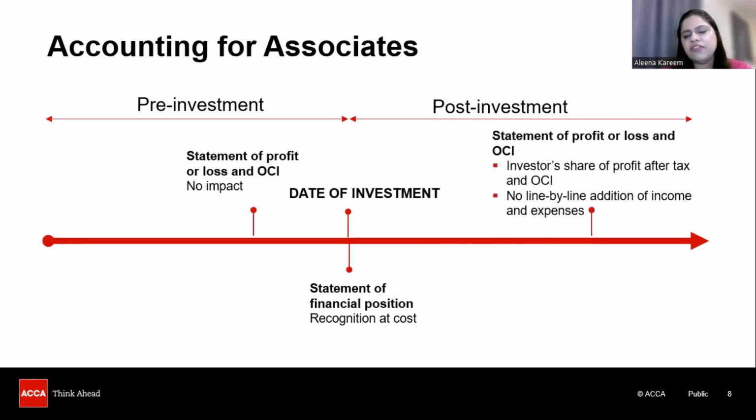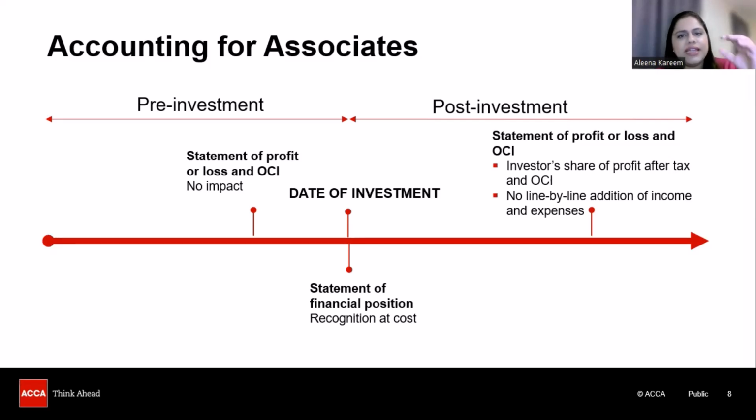Then, if we talk about the post-investment time period, once again, the working is much simpler than a subsidiary company. There is no line-by-line addition of any income or expense. Rather, we have a one-line entry that we make. So the investor's share in the profit after tax and OCI, depending upon the percentage, we identify and add it to the group profit.